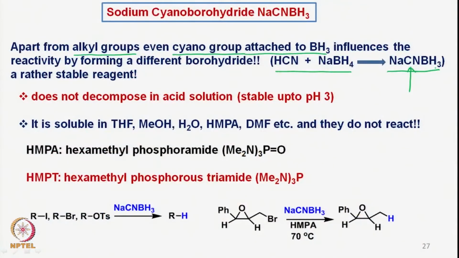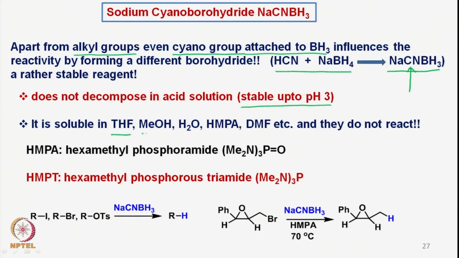And what is interesting is that because the nucleophilic nature has been reduced, sodium cyanoborohydride is not nucleophilic enough to decompose in solution even down to pH 3. That means it is stable under acidic conditions, and that is the advantage.